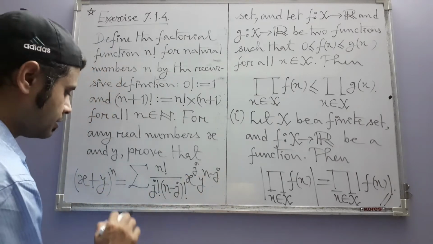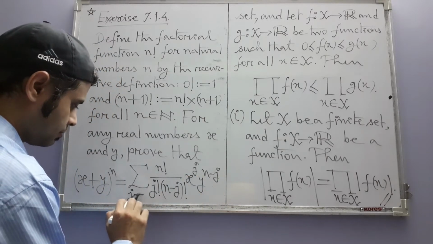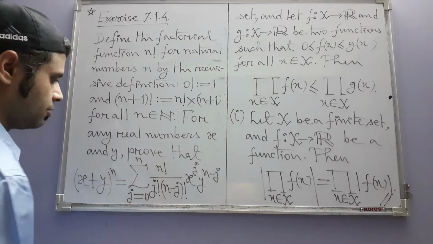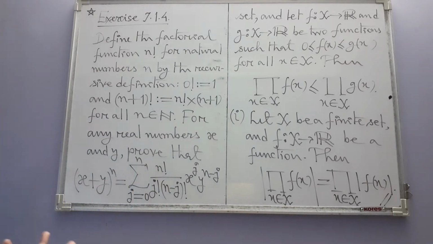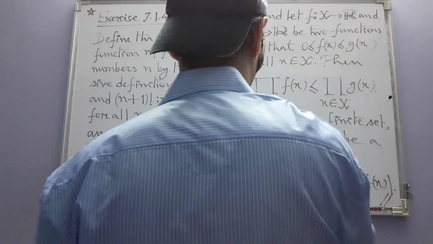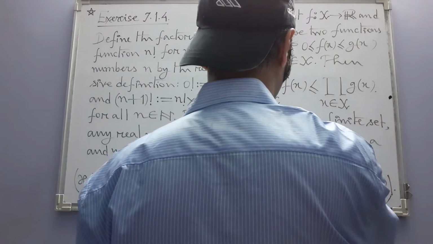So it's a finite series where j varies from 0 to n, but we need to of course also mention what n is. n is any natural number.